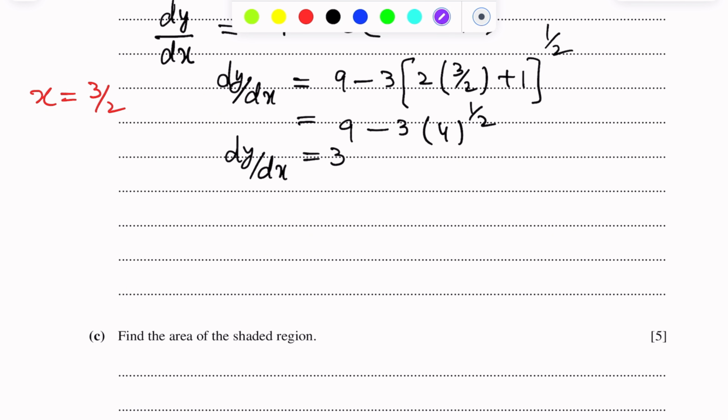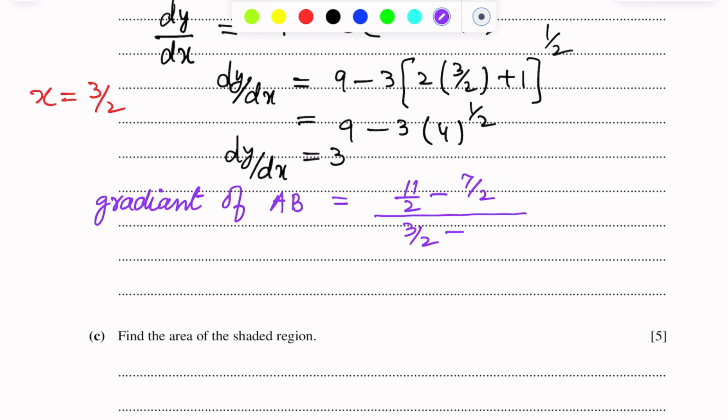Gradient of AB: 11 over 2 minus 7 over 2 over x2 minus x1. We get 2 over negative 6, that is negative 1 over 3.